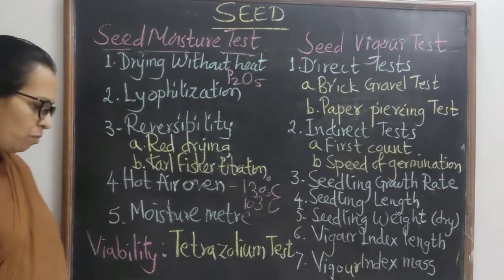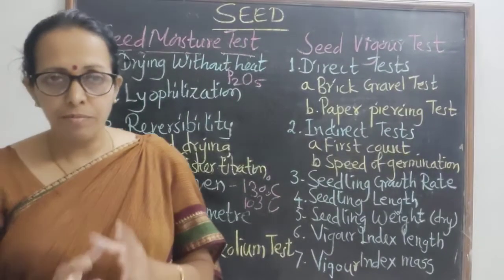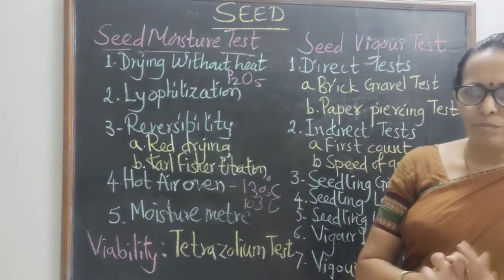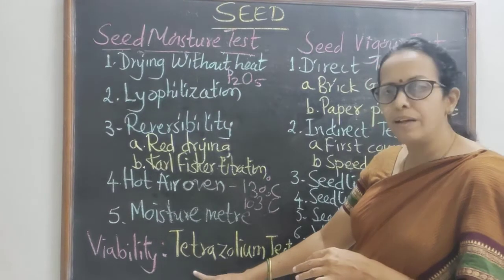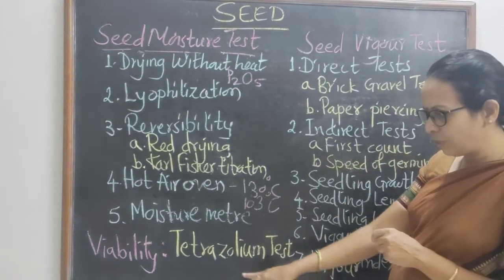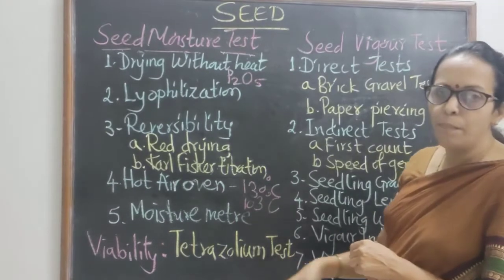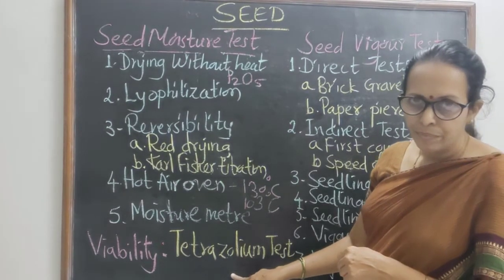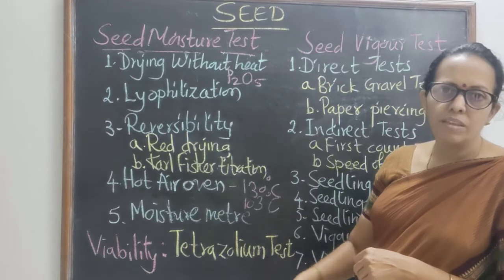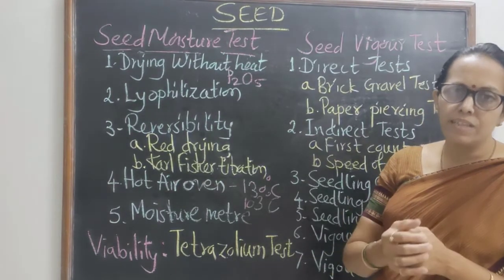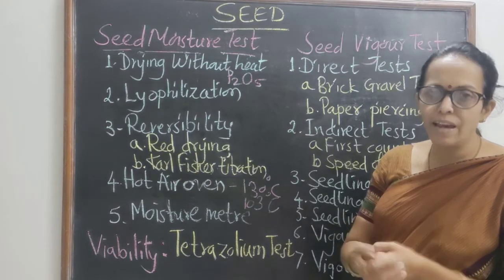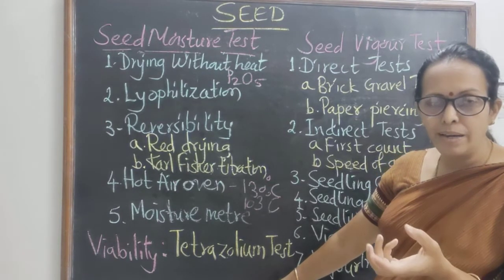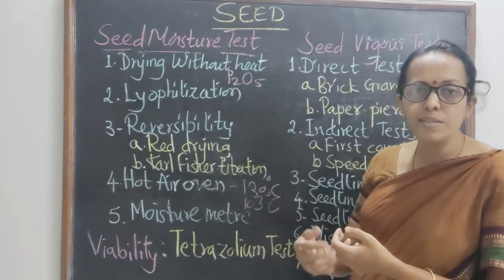If we want to test whether the seeds are viable or not, a very simple test is performed at the laboratory level, which we call the topographical tetrazolium test, where tetrazolium chloride is used to test the viability, where the living cells undergo a reduction reaction with this dye, giving a red color that indicates the viability of the seeds.